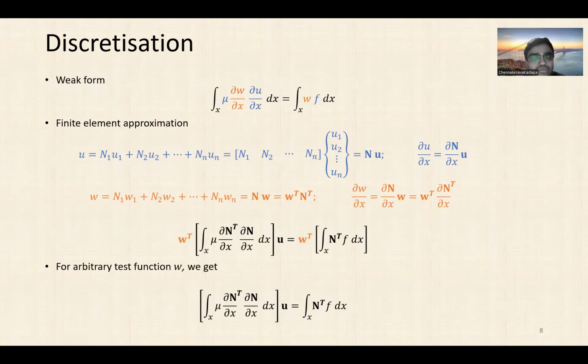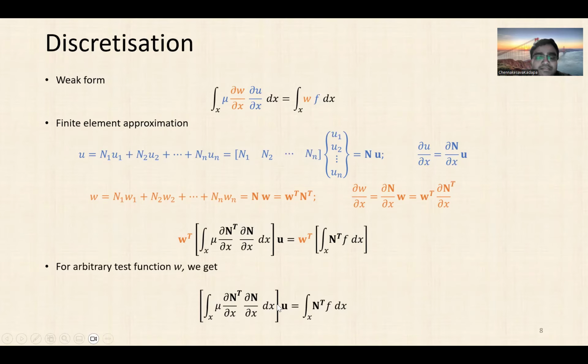Okay, so we have discretized. We don't know how many elements there are, and we haven't yet split the domain into a number of elements, because at this point it is still the integral over the whole domain. Okay, we know that we have n basis functions and n degrees of freedom.